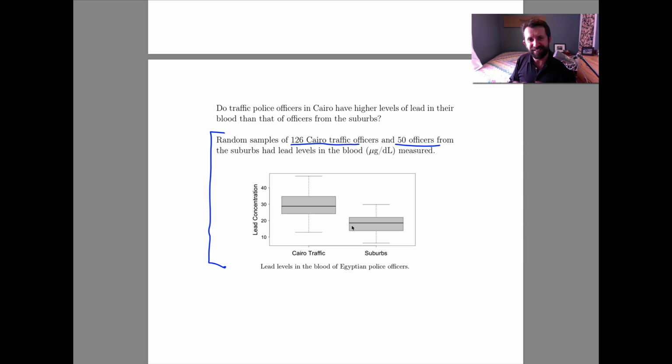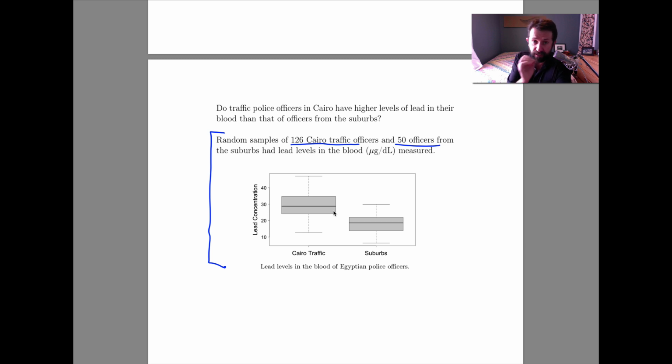So statistical inference formalizes this, and we ask: how much evidence do we have that there's a real difference between those two groups? Does something like this give us a lot of evidence that there's a real difference? Or are we likely to see something like this just due to natural variability? Statistical inference gets at that.